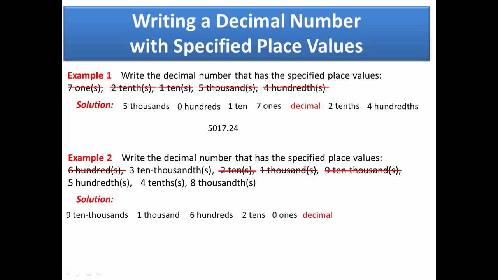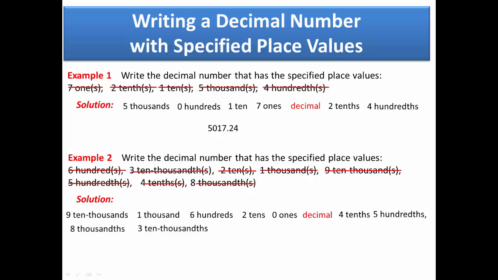To the right of the decimal point is the tenths place, and we have 4 tenths. Then we would have the hundredths place, and we have 5 hundredths. Then we would have the thousandths place, and we have 8 of those. And then the 10,000ths place, which we have 3 10,000ths.